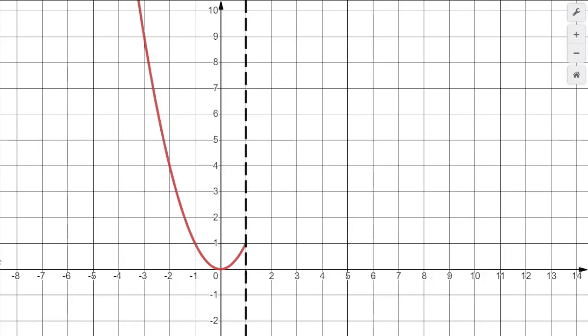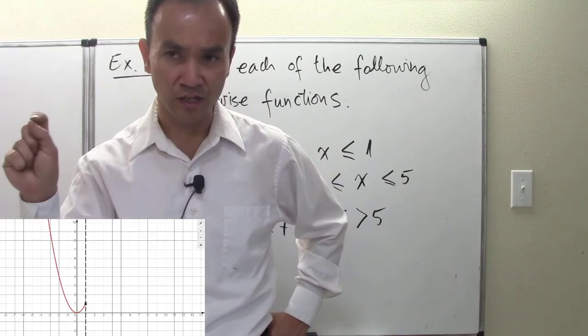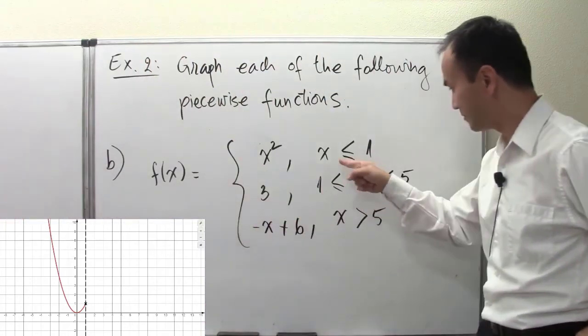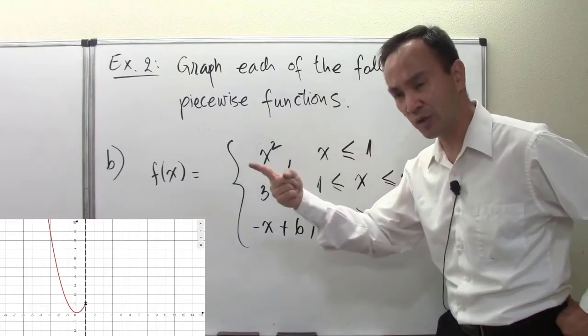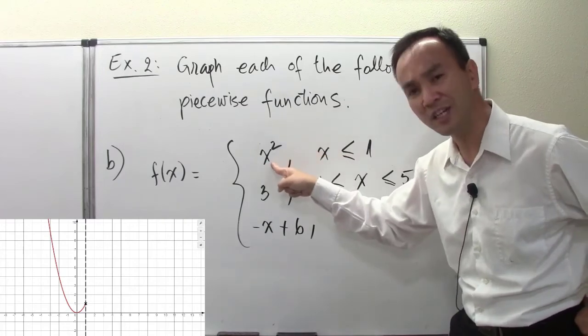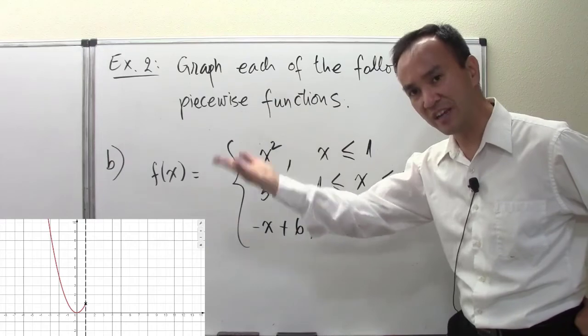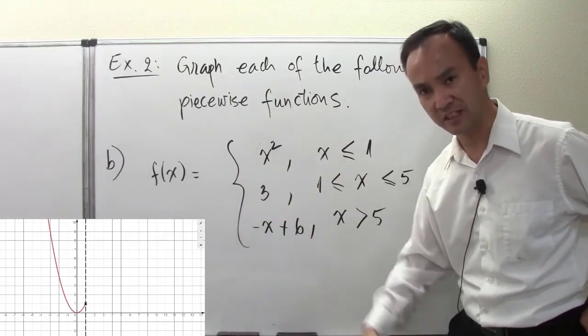But now, what about the endpoint? Right now I put that as a cross because I'm not sure whether it's an included point or an excluded endpoint. So we're going to have to take a look. The inequality says x equals 1. That means we can let x equals 1 and substitute it into this rule right there, as we have seen in the earlier example where we evaluate a piecewise function at various input values.